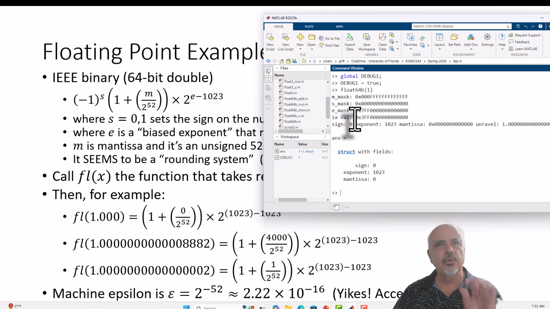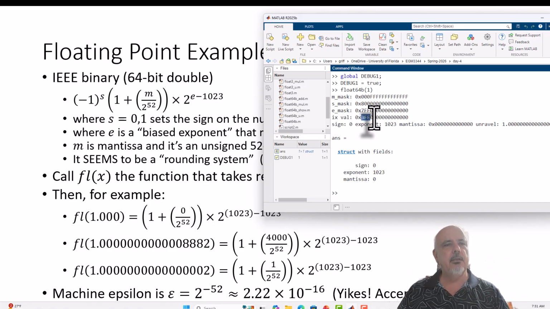So the actual integer 64-bit of 1 looks like this. The lower 13 nibbles represent the mantissa. 3FF, that is the biased exponent. So that 3FF is going to be 1 less than 400.